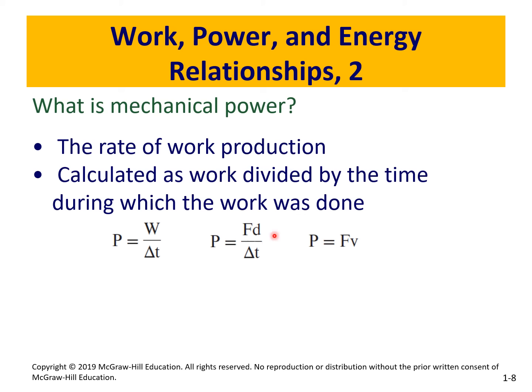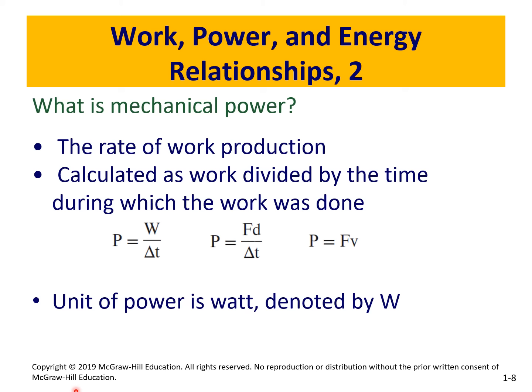You can rewrite the power as force multiplied by velocity. So it's either force multiplied by velocity or work divided by time, the rate of change of work. We know about these, but we would like to now try to use them in biomechanics questions and applications. The unit of power is watt, and watt is joule per second.